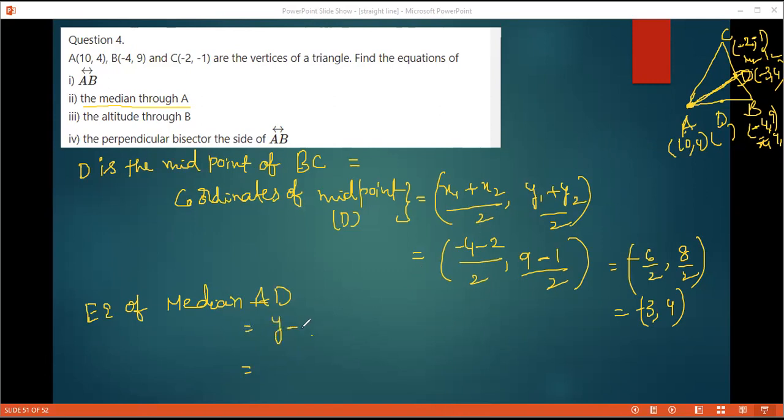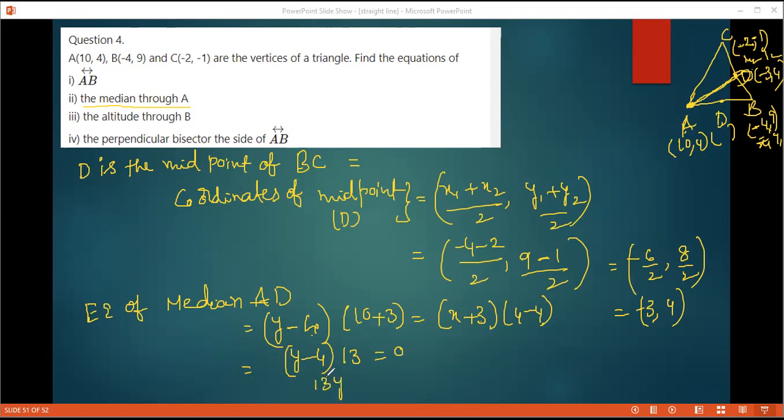So y minus 4 into 10 plus 3 is equal to x plus 3 into 4 minus 4, right? So y minus 4 into 13 is equal to, this becomes 0.